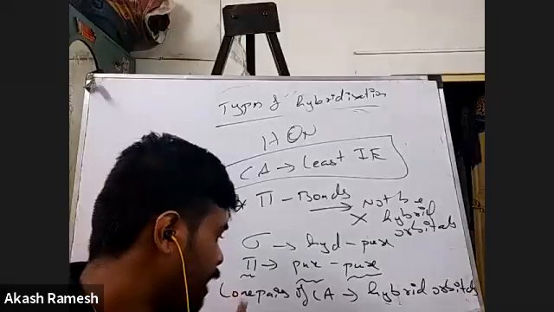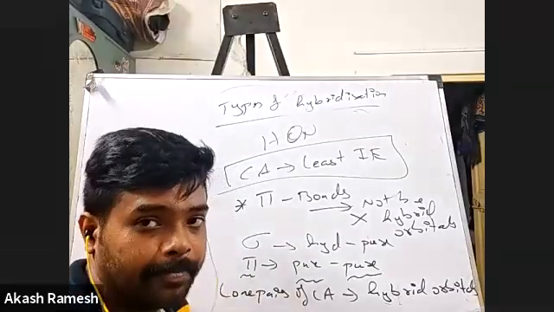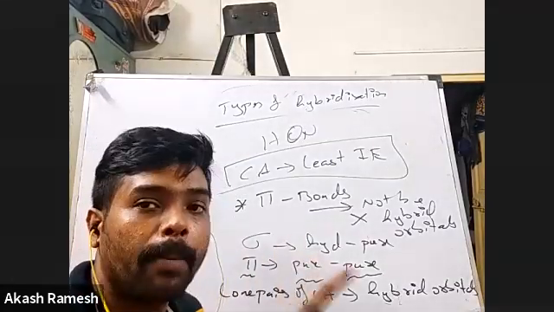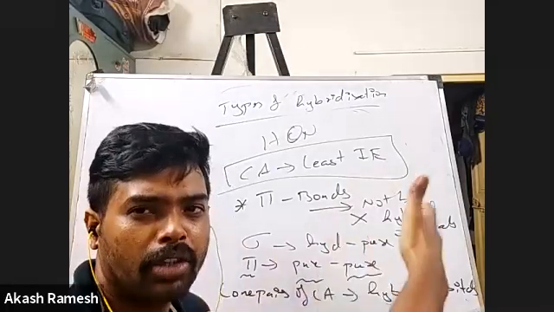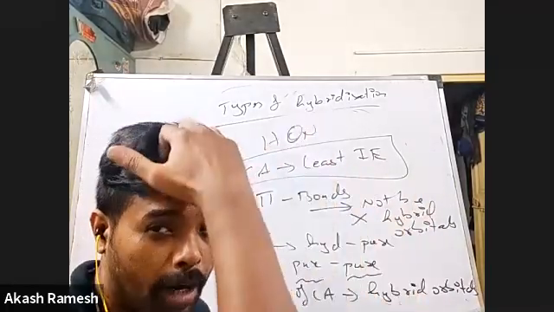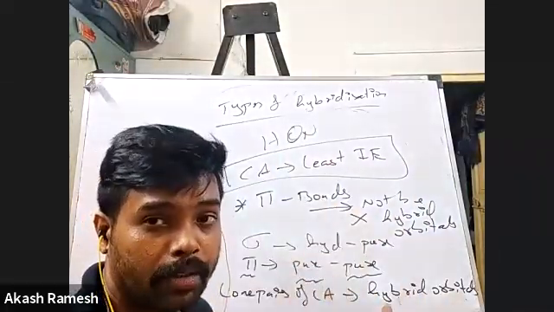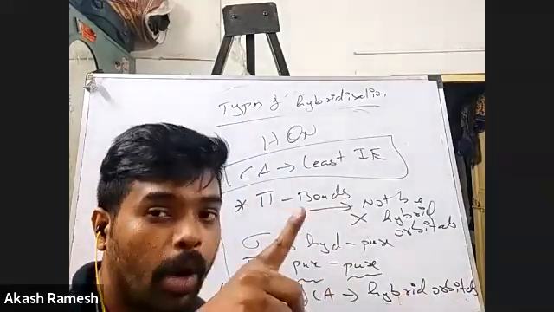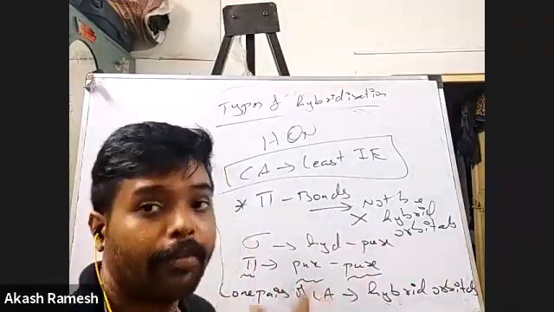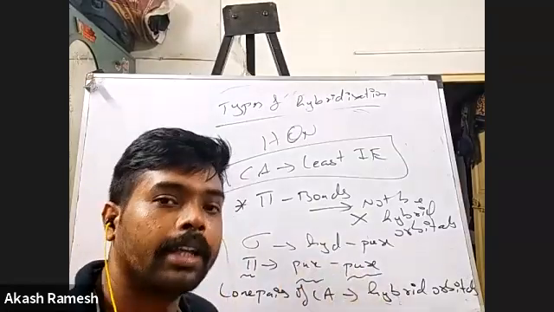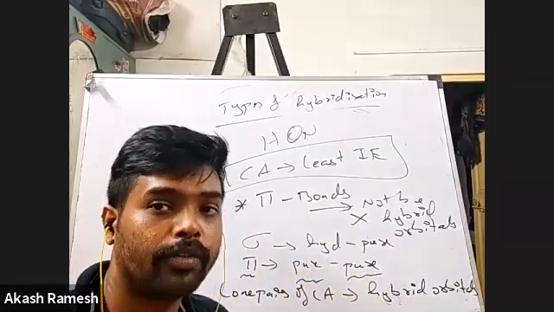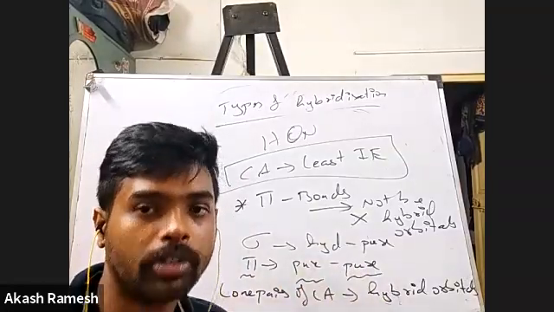But lone pairs on the central atom should be placed in the hybrid orbitals. Say I can have 4 sp3 orbitals or 3 sp2 orbitals, and so on. If there is a lone pair, it should be in one of those hybrid orbitals only.